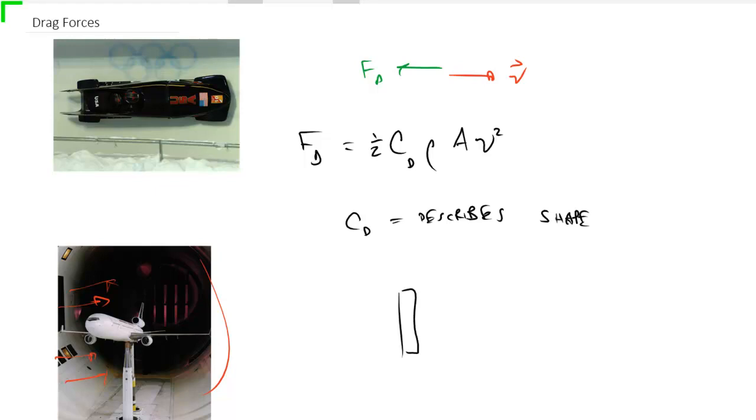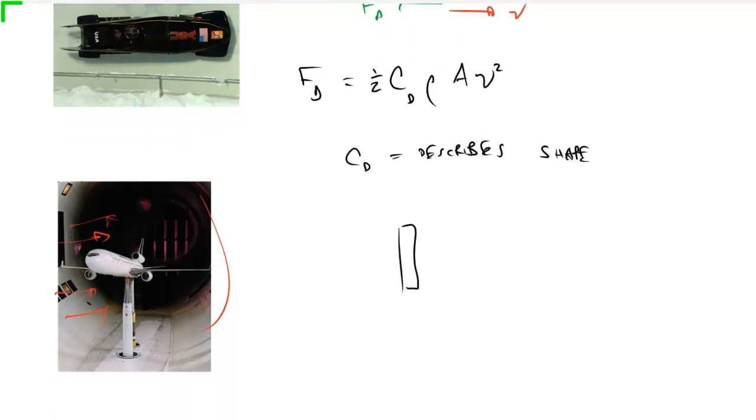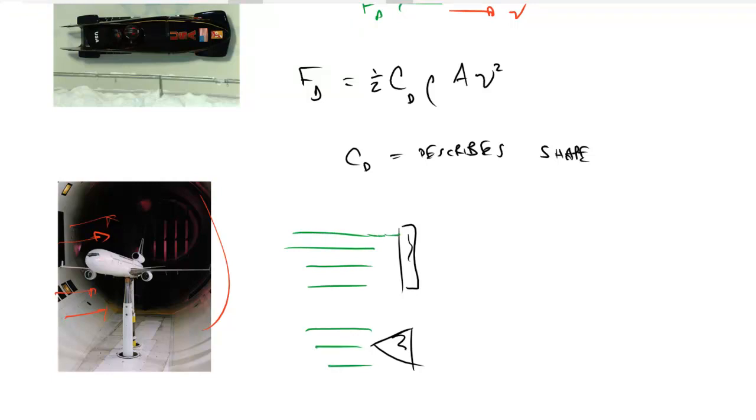Let's say I have a wall essentially here, or I have something like this V over here. When air flows around these, let's say I have air flowing in like this, then this one, it hits here and it has to just stop and then go around, right? And all of these have to do the same thing. They have to stop and go around.